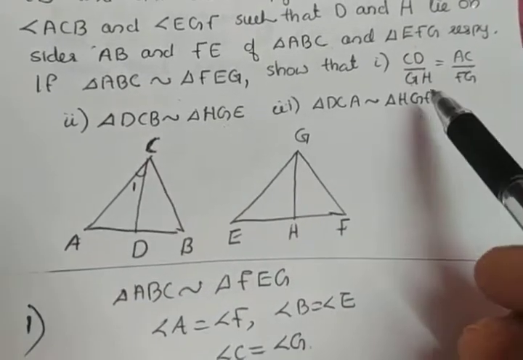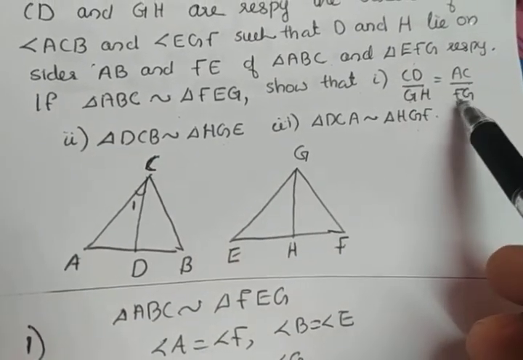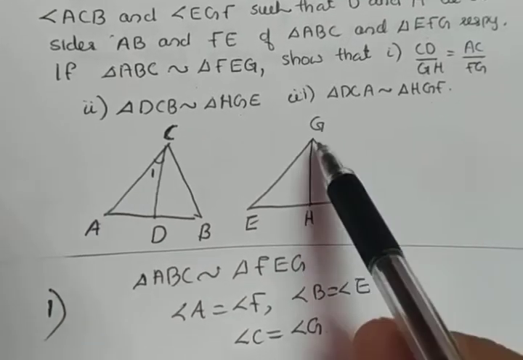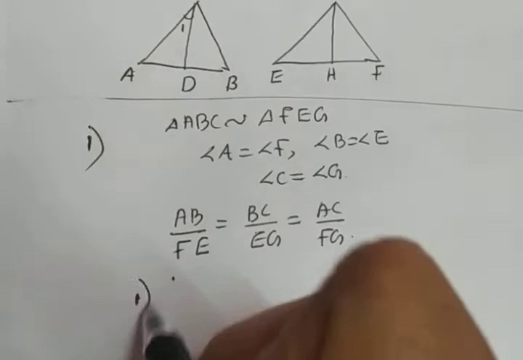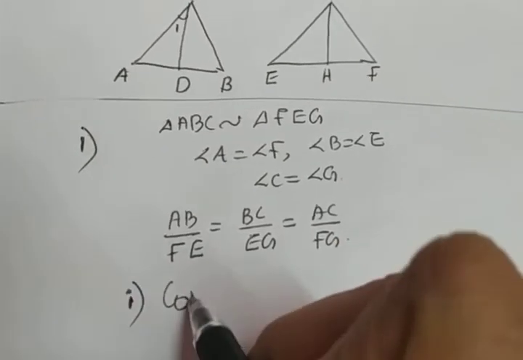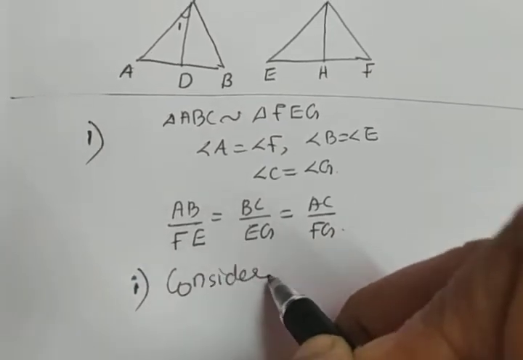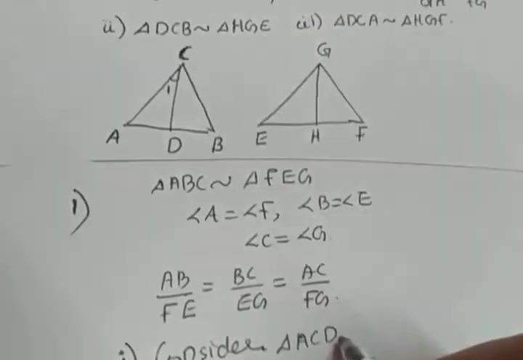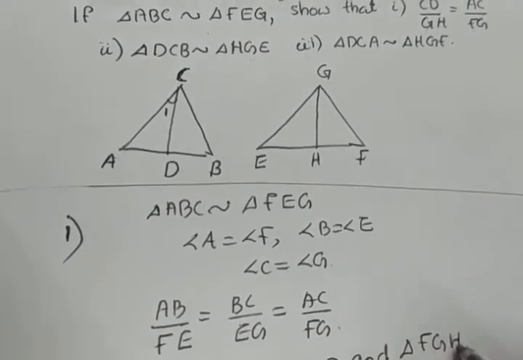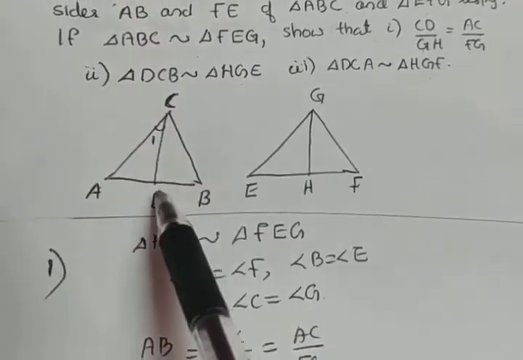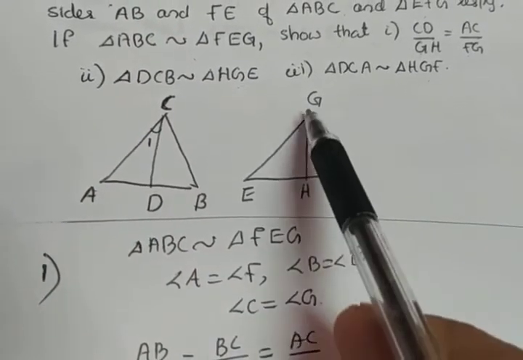In the same way, if I take G, H and F, we can see a triangle GHF. So for proving the first part, we are considering triangle ACD and triangle FGH.